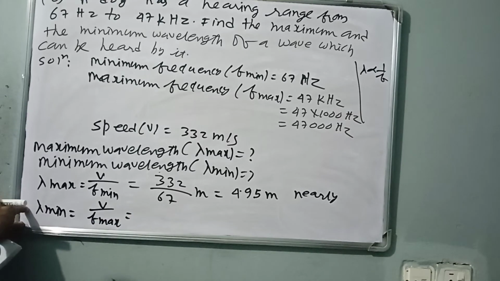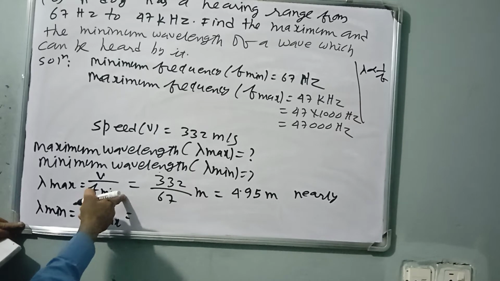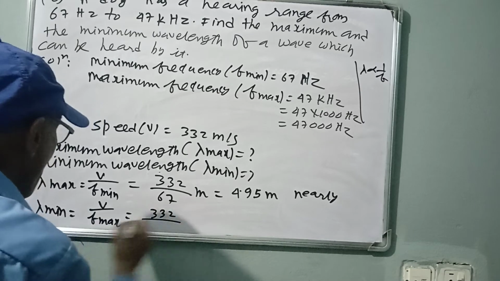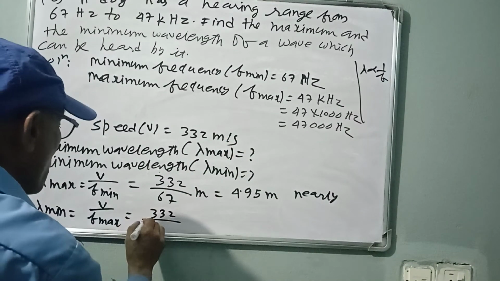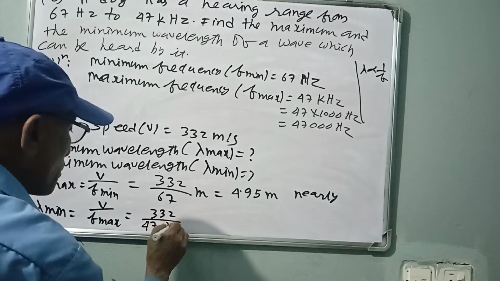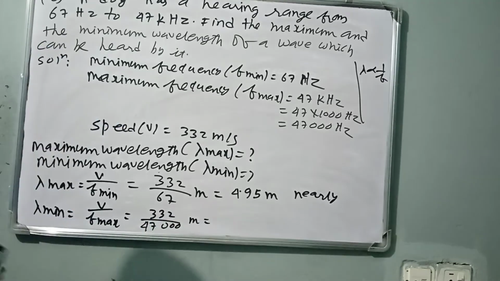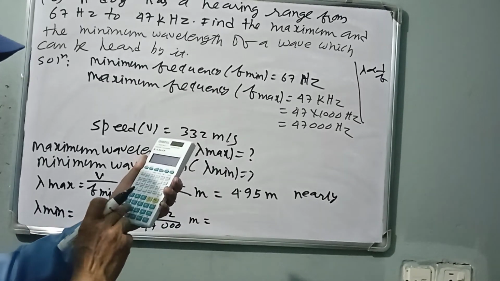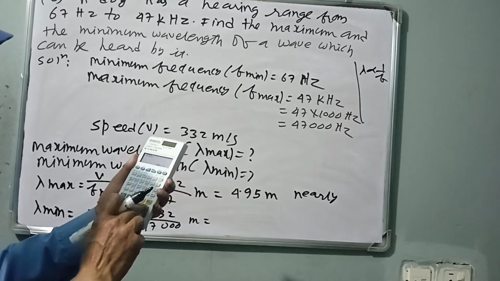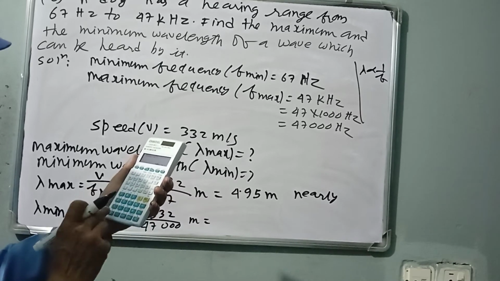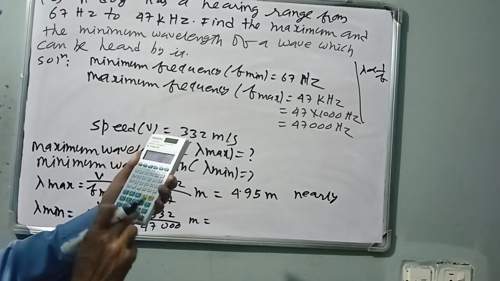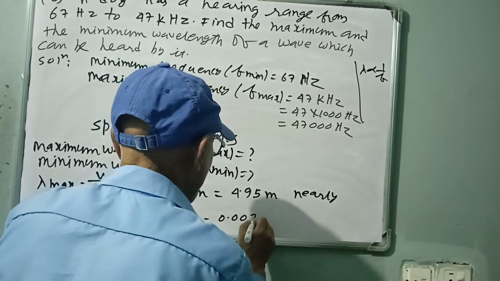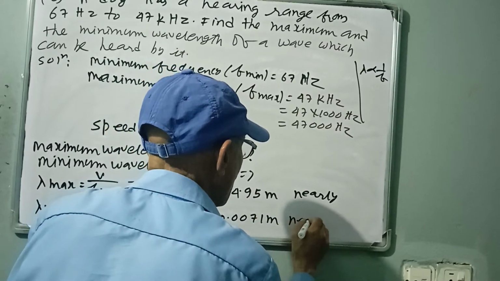Frequency maximum, wavelength minimum; frequency minimum, wavelength maximum. v is 332, f max is 47000 hertz. 332 by 47,000, see, 332 divided by 47,000, 0.0071 meter nearly.